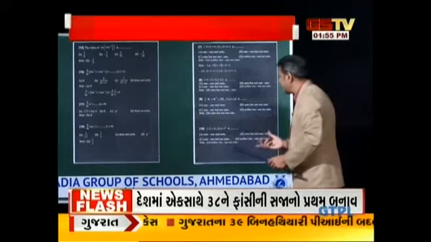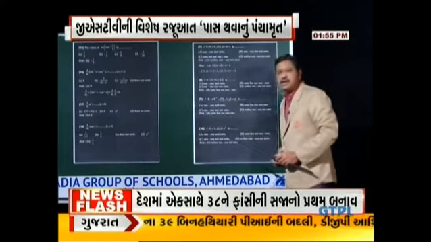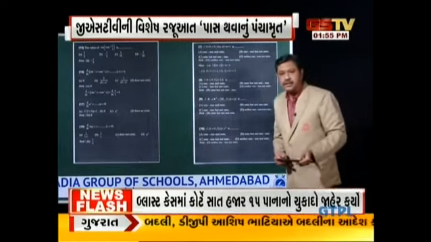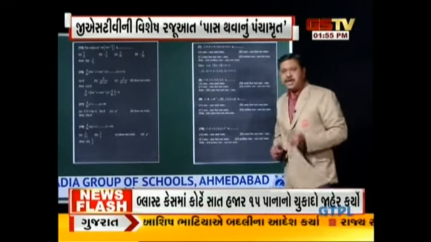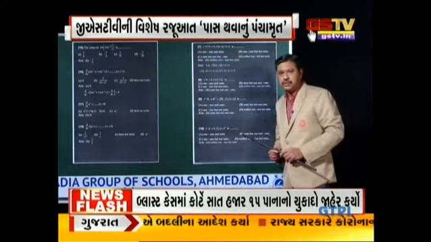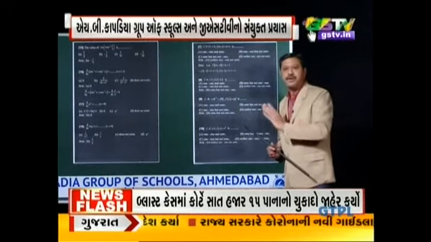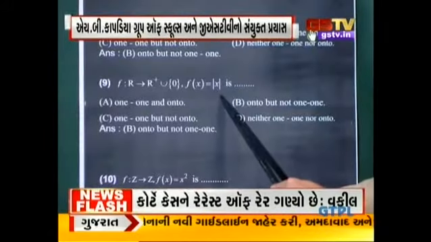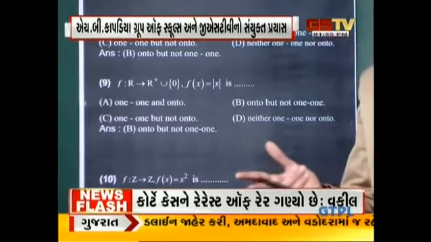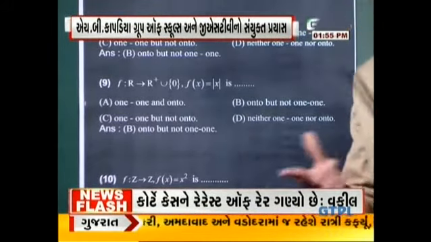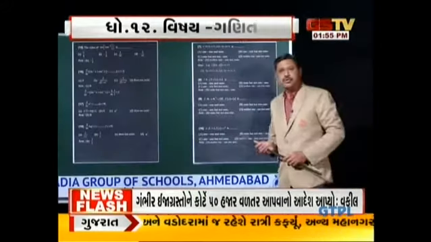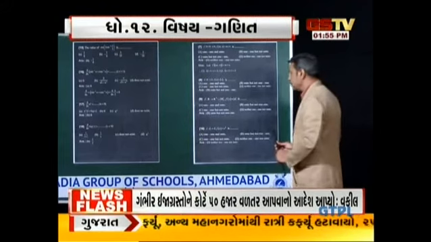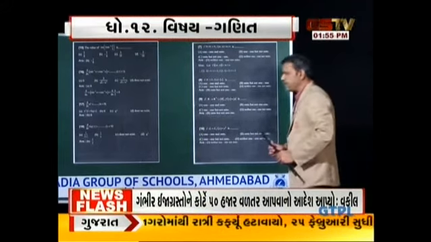I give one example. If we take x as minus 2, then mod of minus 2 is plus 2. And if we take another value, 2, which is different from minus 2, again the range value is 2. So minus 2 and plus 2 are two different values, but the value of the function is 2 only. So f(x1) is equal to f(x2) here, so it's not a 1-1 function.